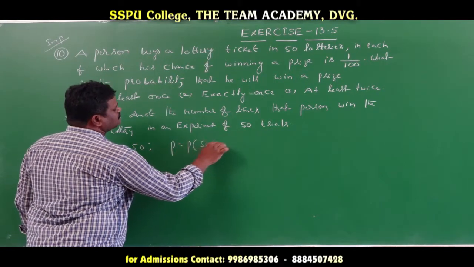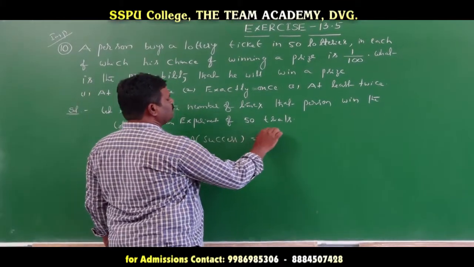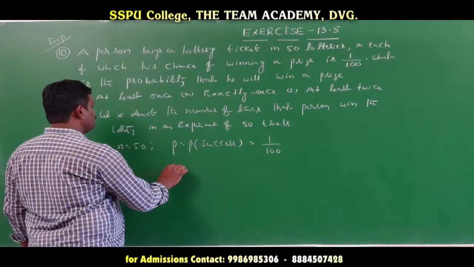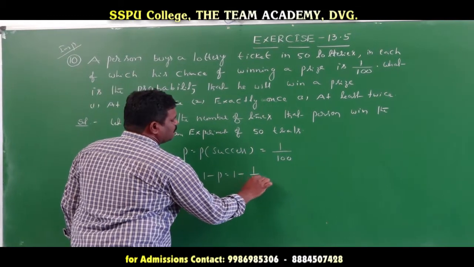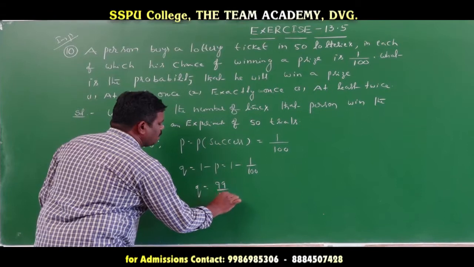Probability of success. Okay, that probability is given as 1 by 100. Next, Q is equal to 1 minus P value, 1 minus 1 by 100. Then Q is equal to 99 by 100.